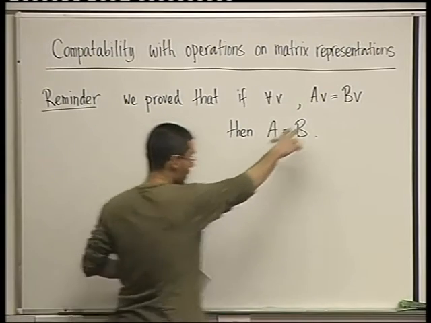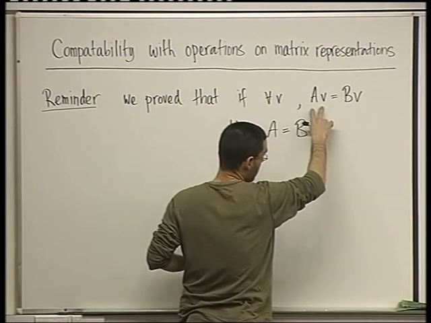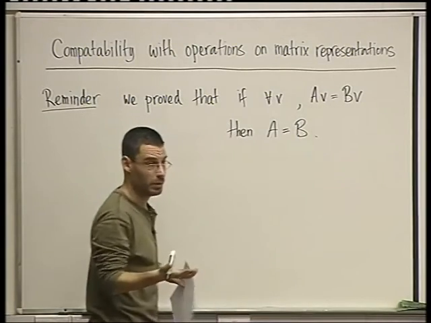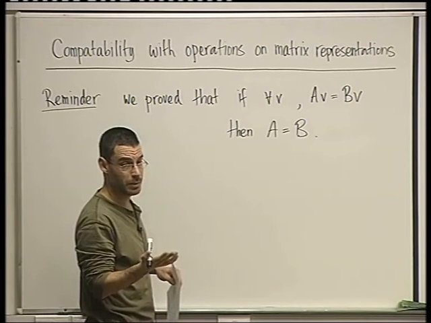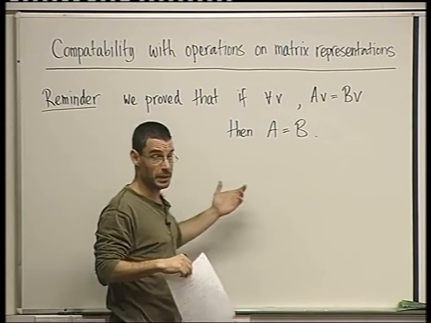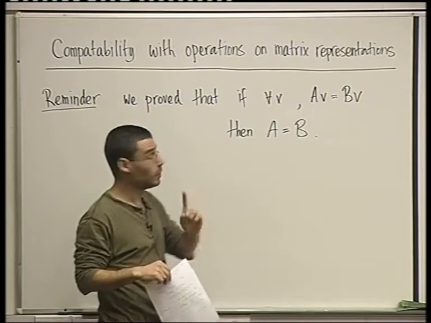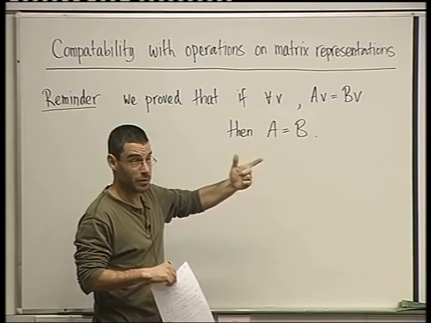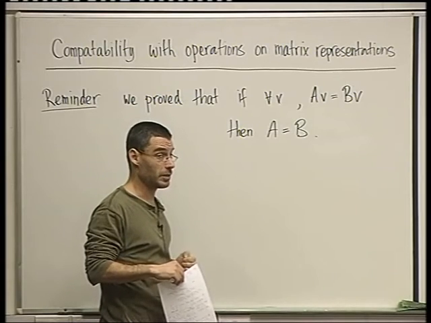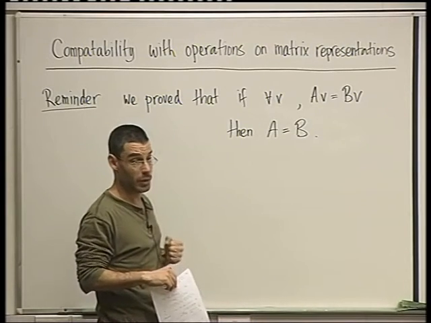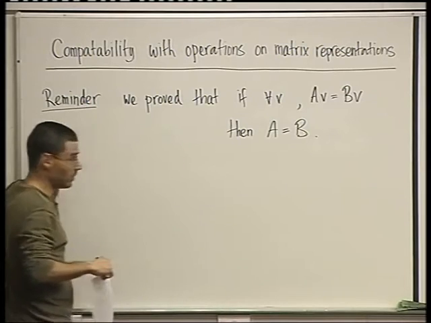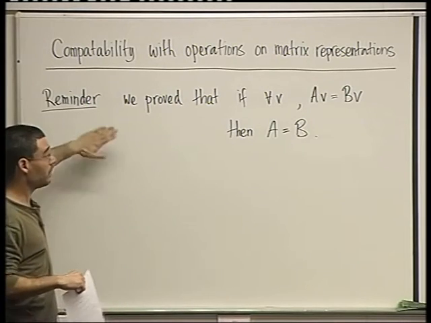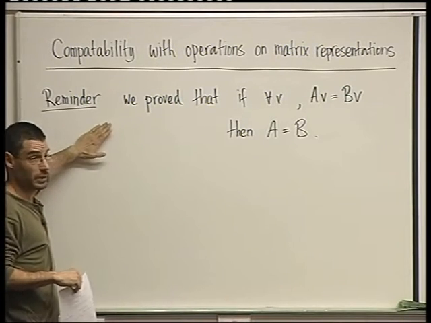So this followed from that just by saying, if this is true, then Av minus Bv is 0, and therefore A minus B is 0, and therefore A equals B. But how do we know that if (A minus B) times v is 0 for every v, then A minus B is a zero matrix? That's where the work is hidden. If you don't remember this, you're going to have to go back and look it up, but we proved this, and we're going to use this.